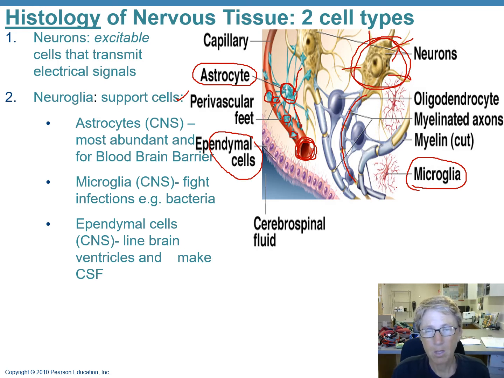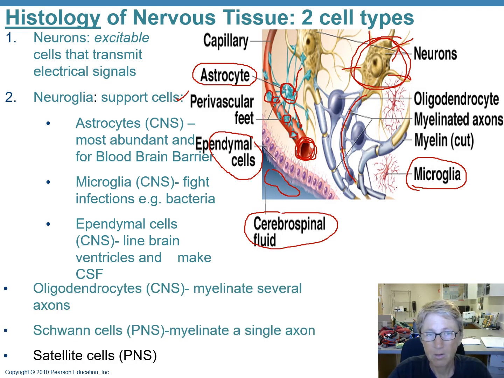So a ventricle is just like a big container in the brain that contains cerebrospinal fluid. And these ependymal cells of the central nervous system line the brain ventricles and make CSF. CSF is cerebrospinal fluid. And when we do the brain, we'll talk a lot more about how cerebrospinal fluid is made.